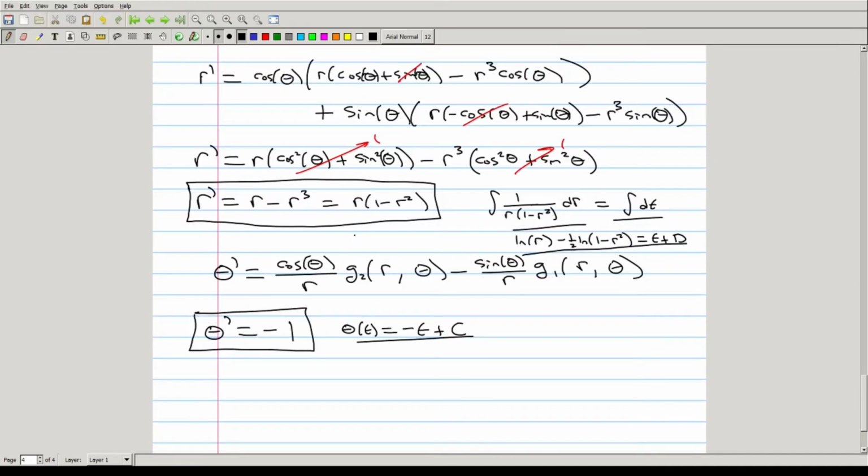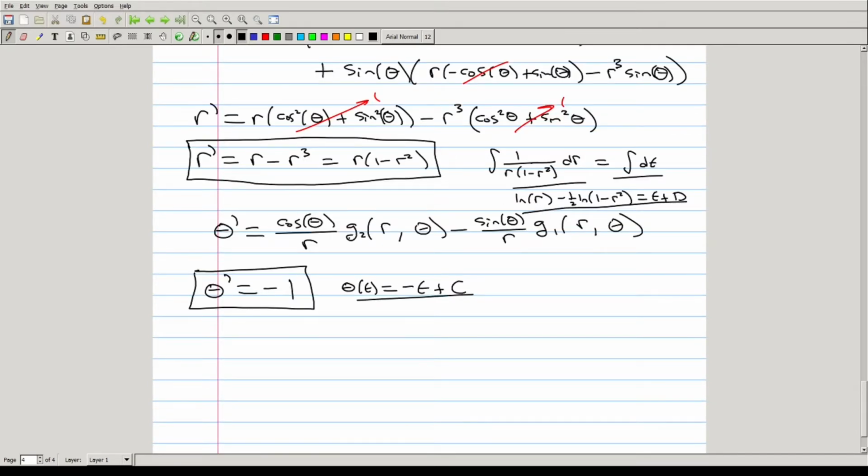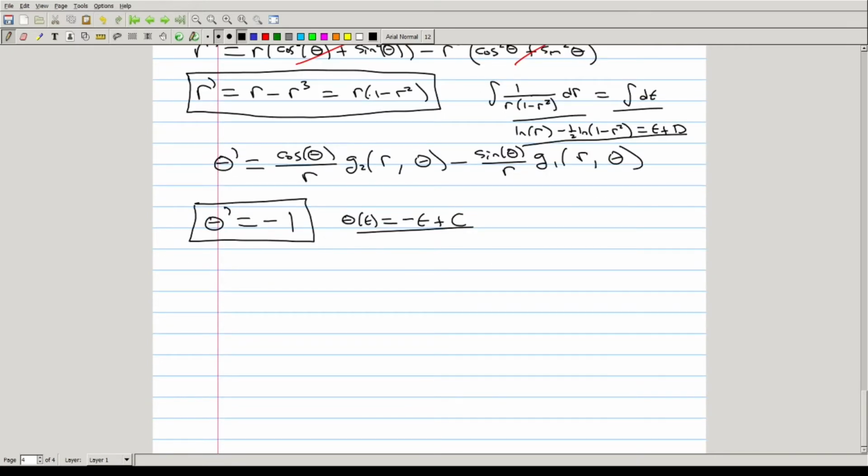However, we really want to get at the main point in all of this, and the idea here is that just using the differential equations, this new system of differential equations for r and theta, we can say that there's not going to be any equilibrium points because theta prime is always non-zero.